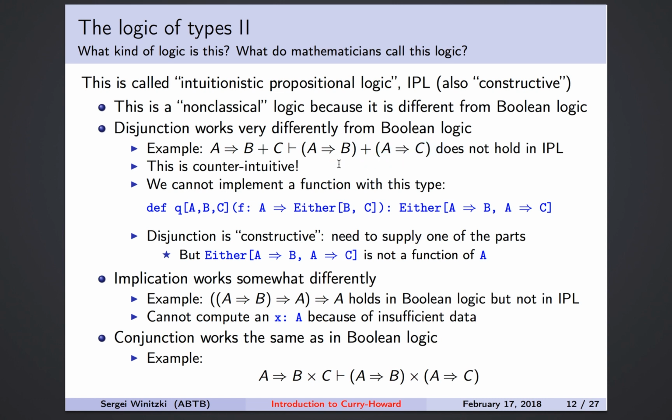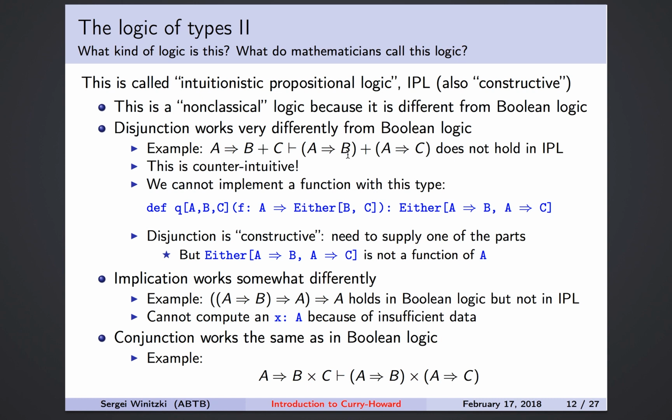It sounds right from a common sense point of view. If B plus C follows, I'm using plus as a logical or, so if B or C follows, then it kind of makes sense that either B follows or C follows.